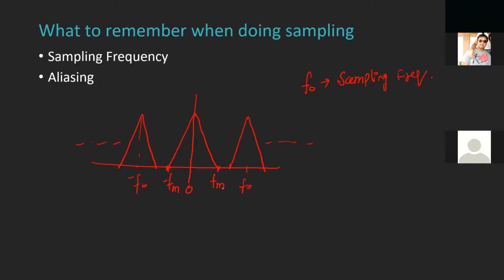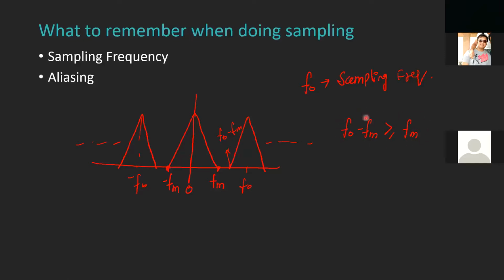So how do we derive the Nyquist sampling rate, or what is the limit on the sampling frequency? If this is fm, and this is minus fm, this particular point should be f0 minus fm. So f0 minus fm should be greater than or equal to fm, so that these two points do not overlap with each other.